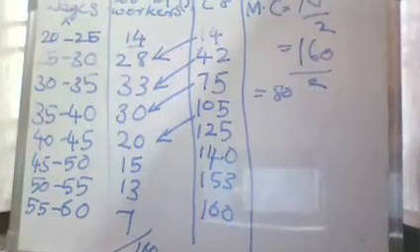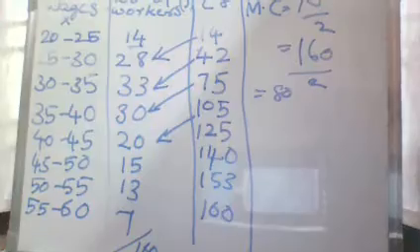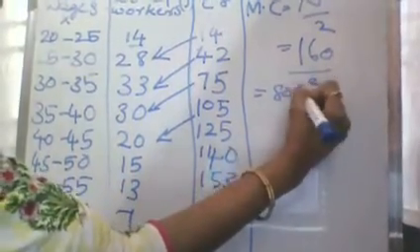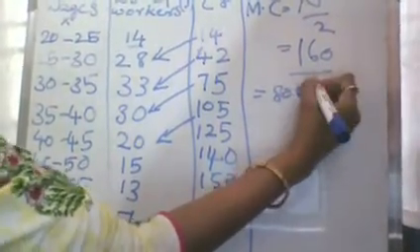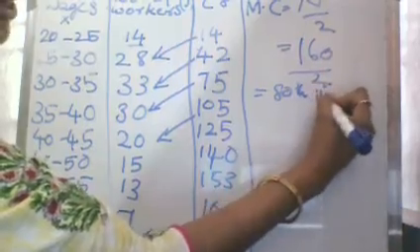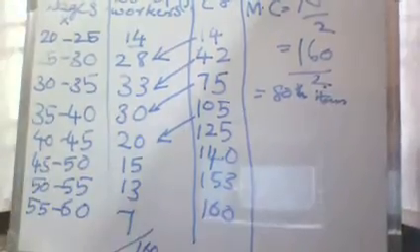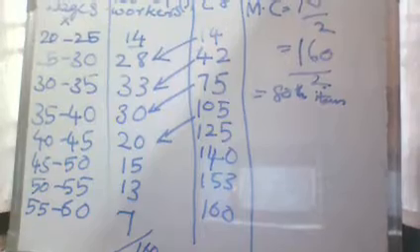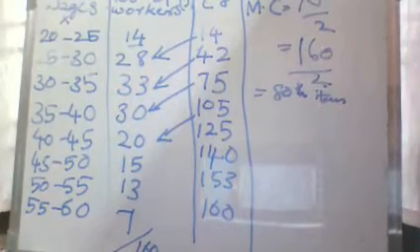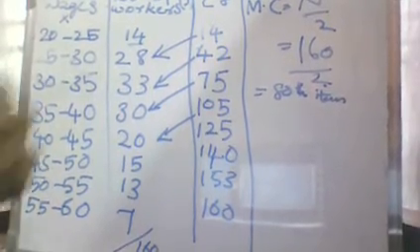So the answer is the size of the 80th item. Then we need to find the 80th item, that is, the median class.